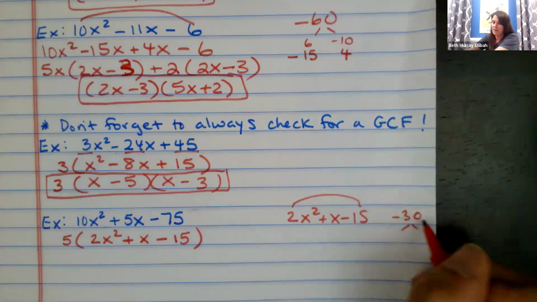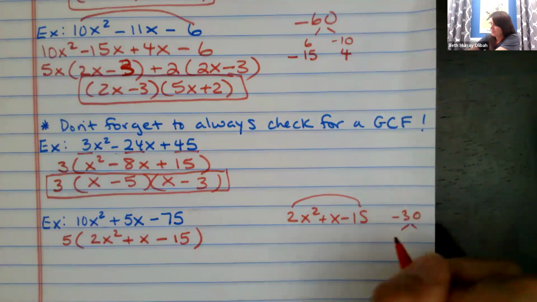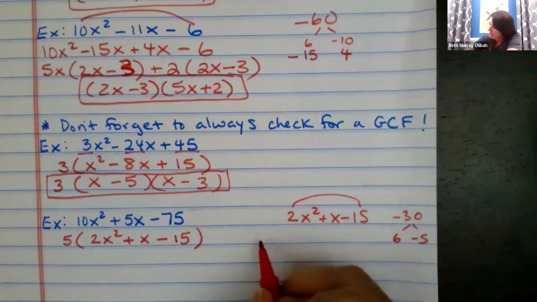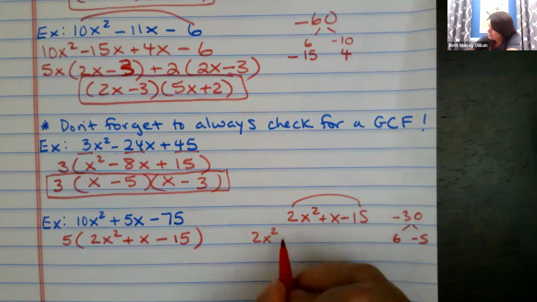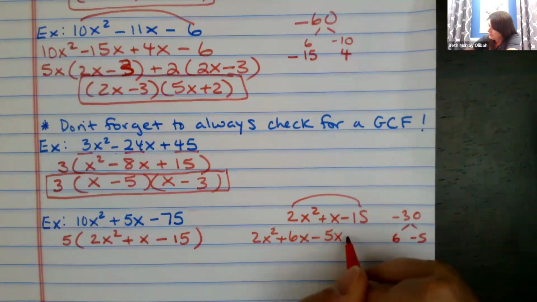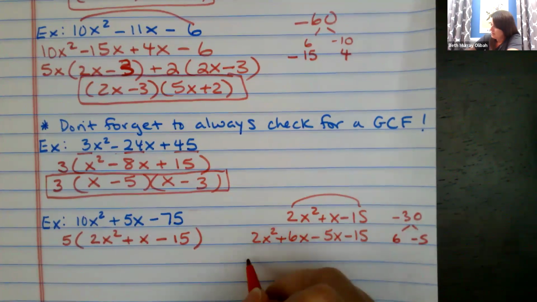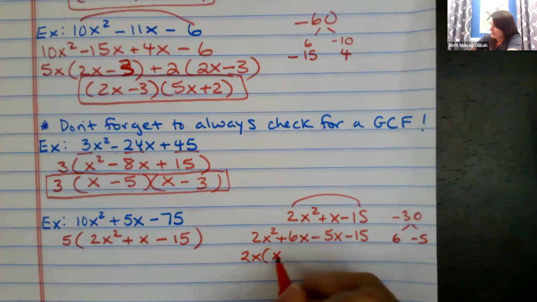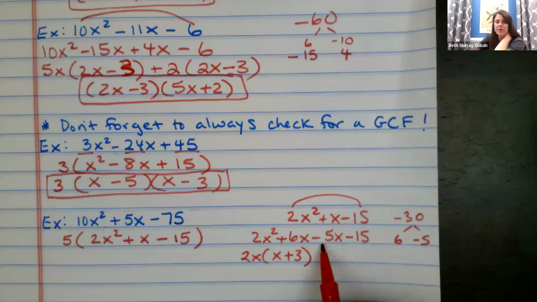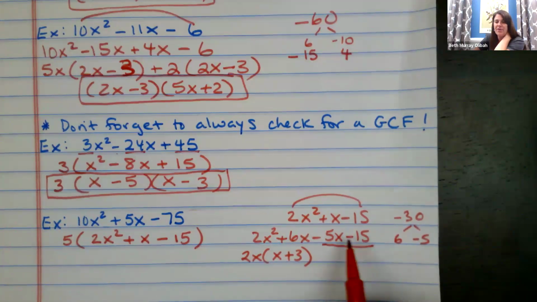I'm now going to find the numbers that multiply to -30 and add up to +1. So that would be +6 and -5. I'm going to rewrite my problem with those new numbers. I'm going to take out whatever I can take out. So here, be careful. Most people would look at this and say I can take out a 5.